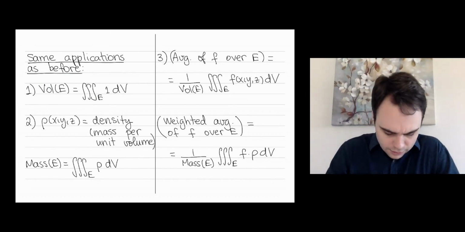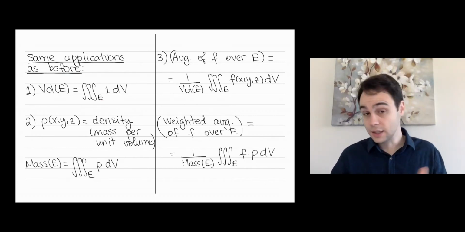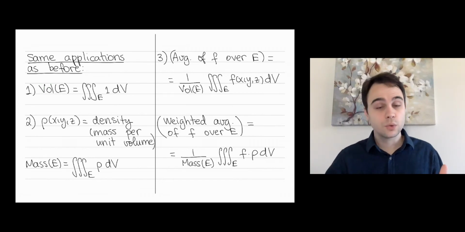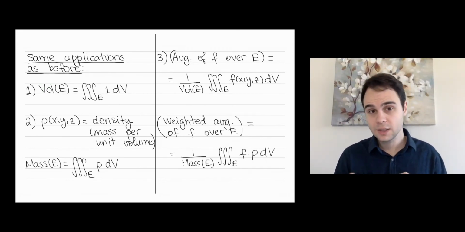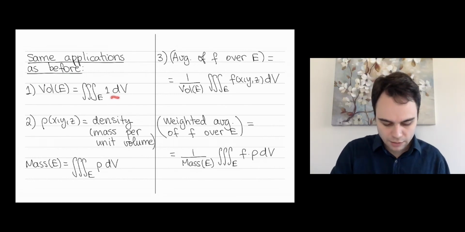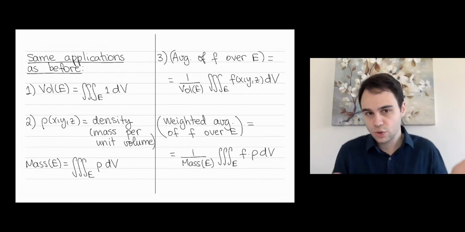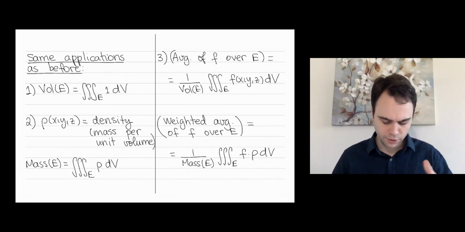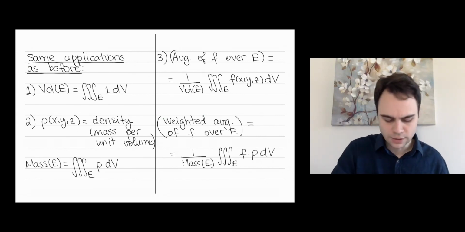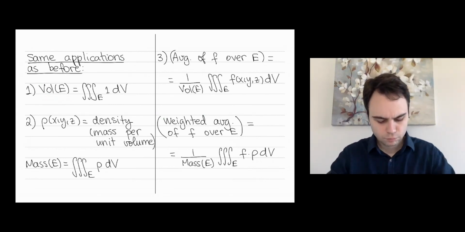Because the thing on the right is a limit of Riemann sums. For any Riemann sum, you're breaking E into little pieces, then multiplying the volume of each little piece by 1. So you just get back the volume of each little piece, and you add all these volumes of the constituent pieces. The result is the volume of the whole shape.